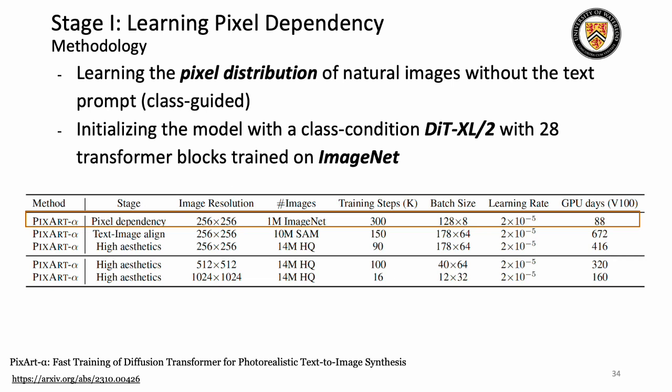It does this by employing a class condition diffusion transformer, DITXL2, with 28 transformer blocks that have been pre-trained on the ImageNet dataset. This methodology allows PixArt Alpha to capture the essence of visual information. The model is trained on 1 million images over 300,000 training steps.